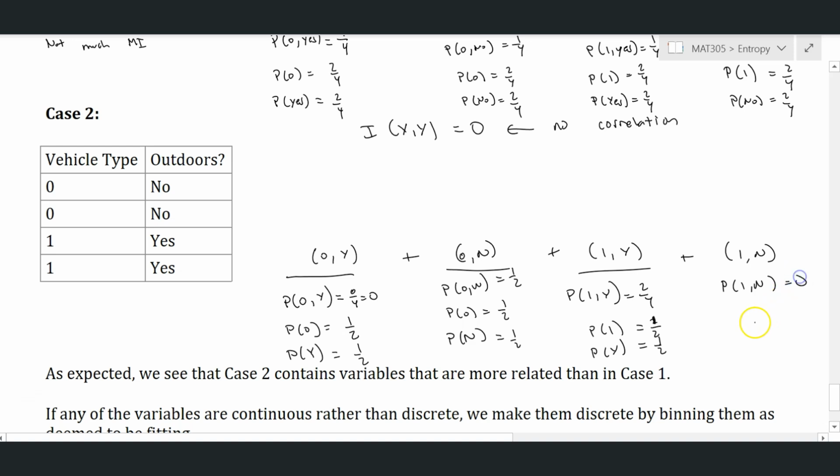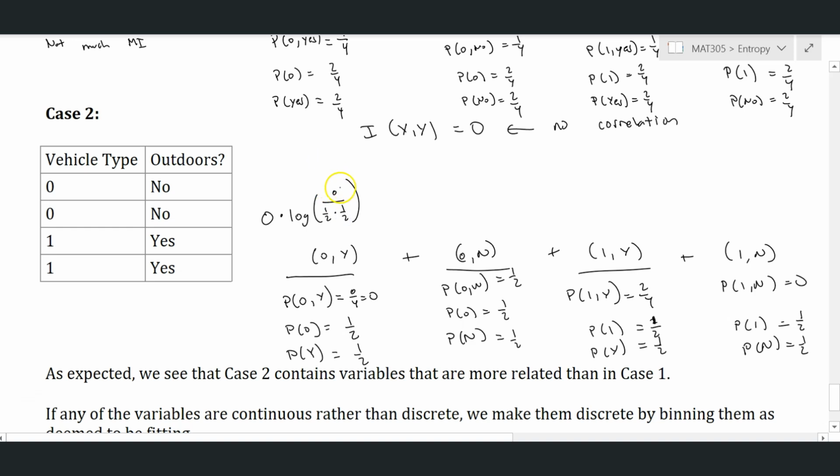This is equal to 0. Probability of a 1 is 1/2. Probability of a no is 1/2. Now, by the way, these two terms on the two ends are going to give us log of 0, because we'll have the joint probability, which is 0, times the log of the joint over the product of the marginals.